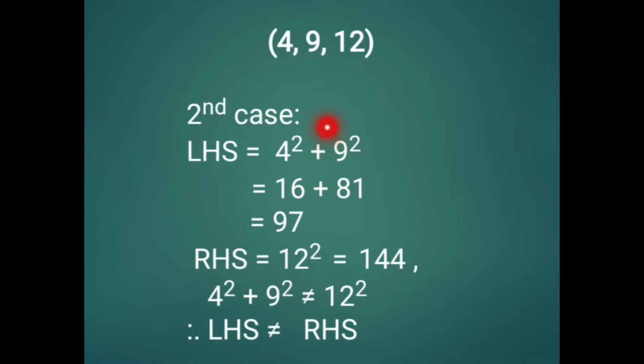Now RHS, that is the square of 12. The square of 12 is 144. Here LHS is 97, RHS is 144. So from these two we say that 4 square plus 9 square does not equal 12 square. Therefore LHS does not equal RHS. From this we say that these numbers are not a Pythagorean triplet.